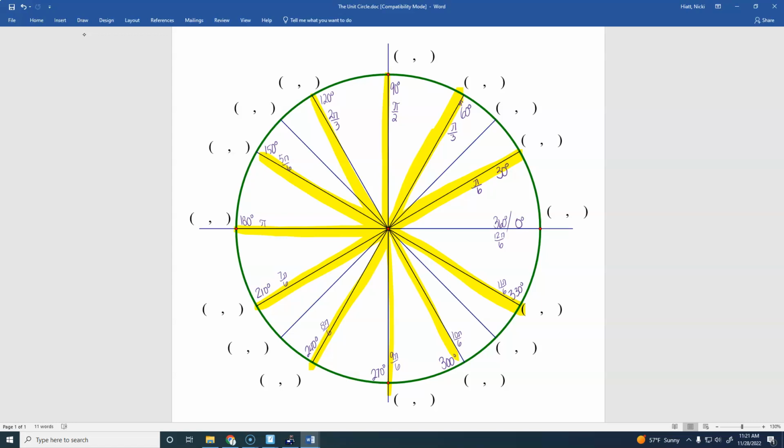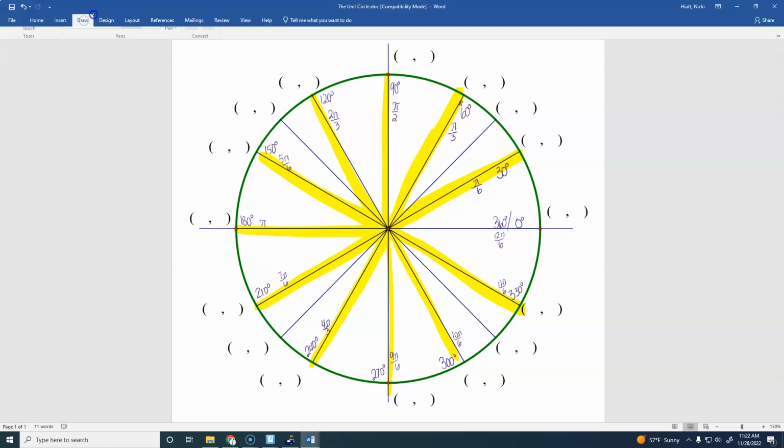7 pi over 6 does not reduce, so we leave it. 8 pi over 6. Oops, there went my highlight. That is 4 pi over 3. I'll put the highlight back there.